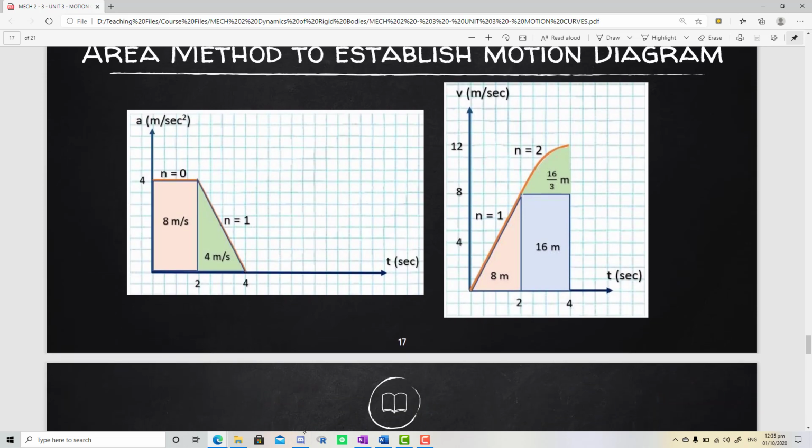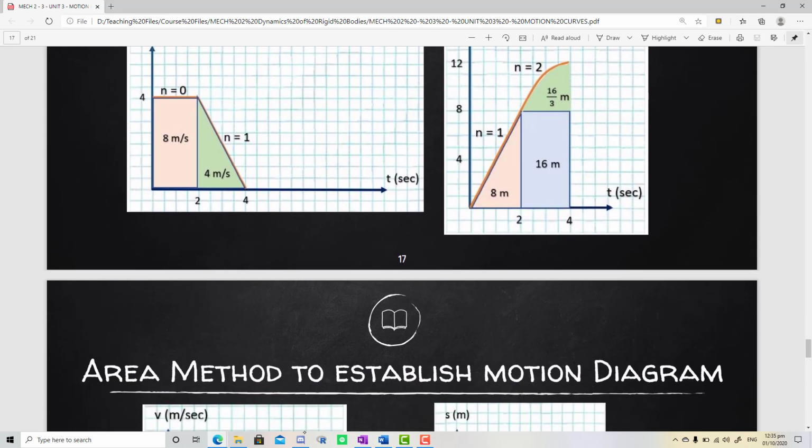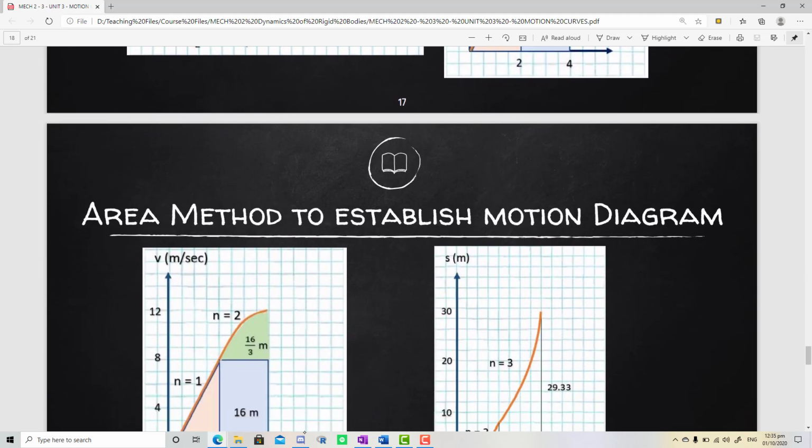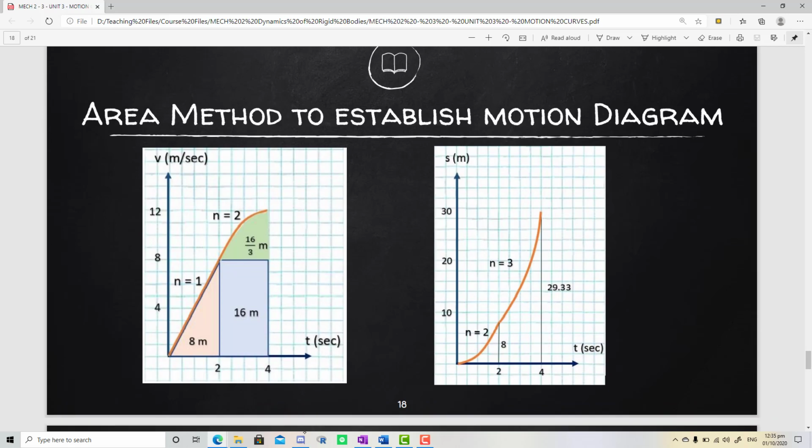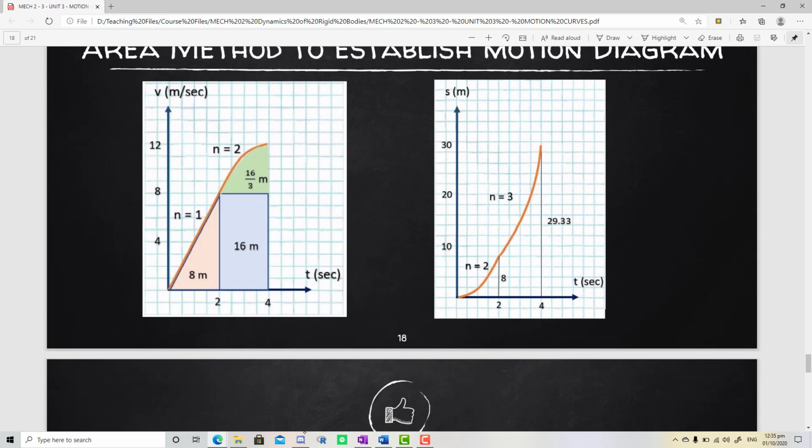Okay. Applying a similar method, we can solve for the area of these parts, which is a triangle, a rectangle, and a parabola. I believe you already know the area of the parabola.